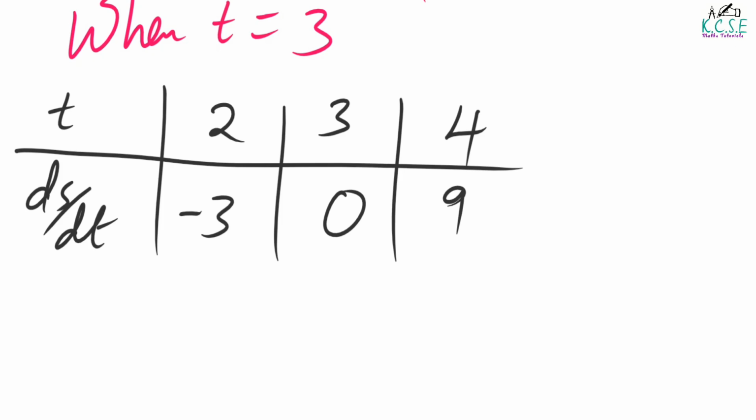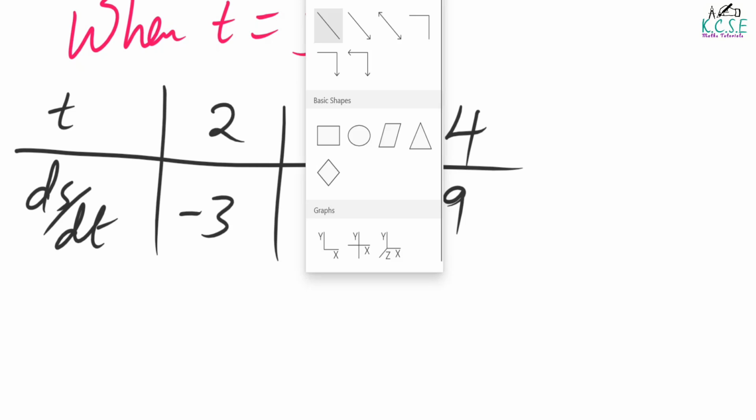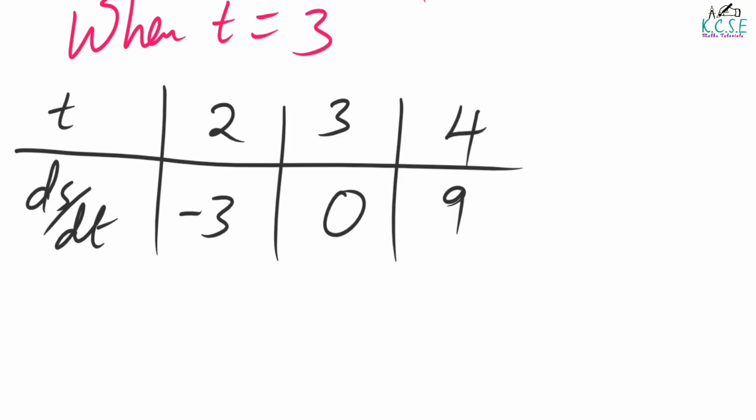So this side is negative, so that is negative. Then we have 0. We draw this straight line, so that is 0, and then this is positive. I think I need to draw a better one. So that is like that.